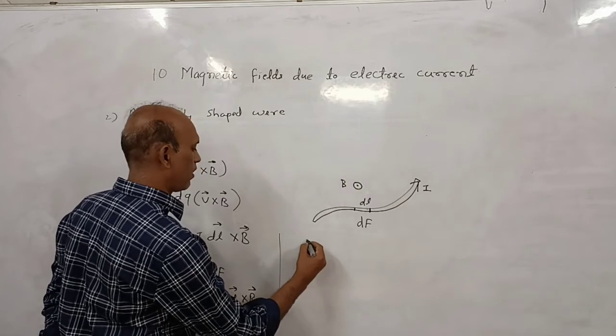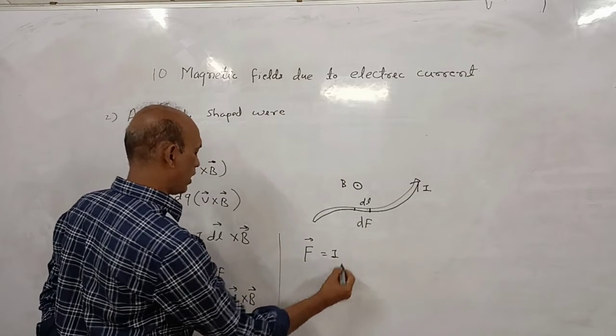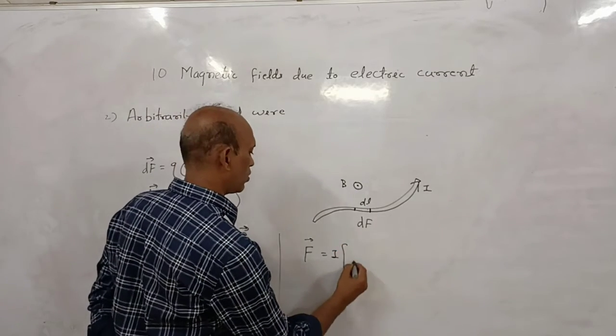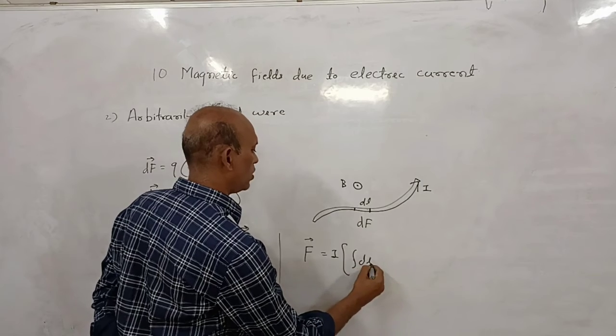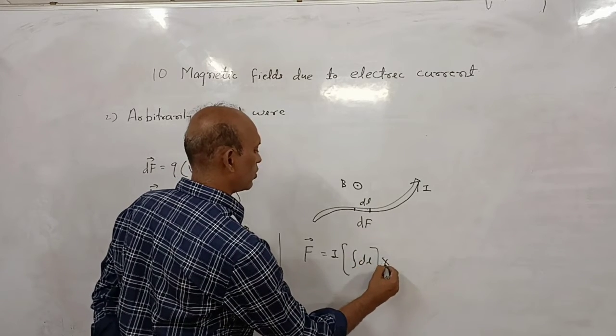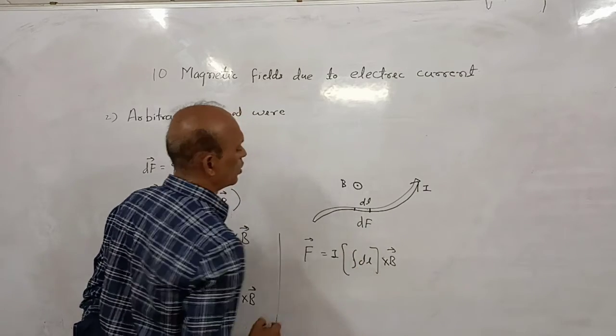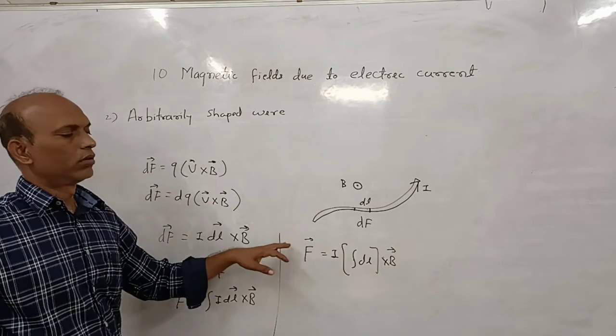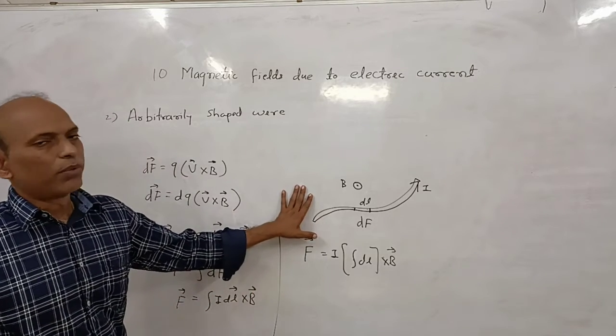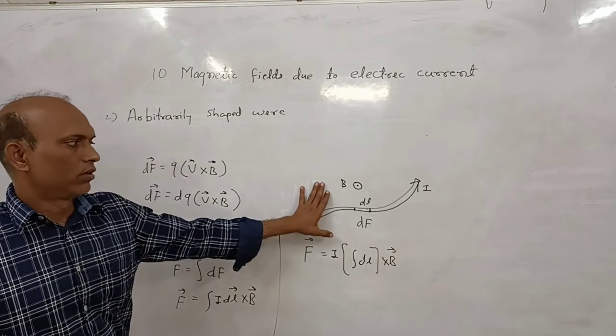This will become F is equal to I times the integration of dl. So this is the force acting on an arbitrary shaped wire carrying current.